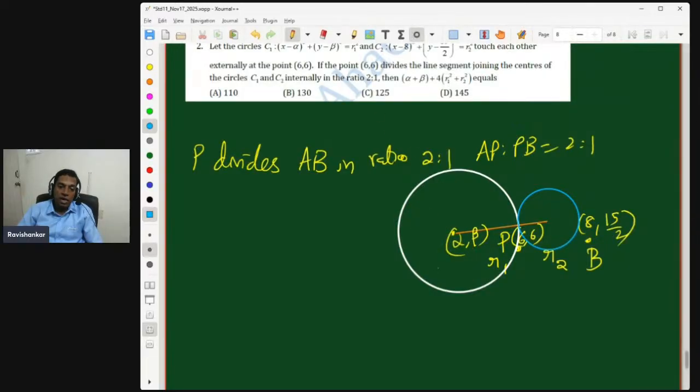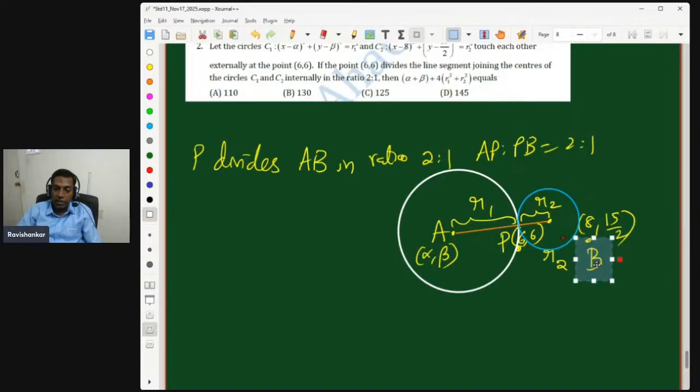So this is A (alpha, beta). This is R1. This is R2, and B is (8, 15/2).